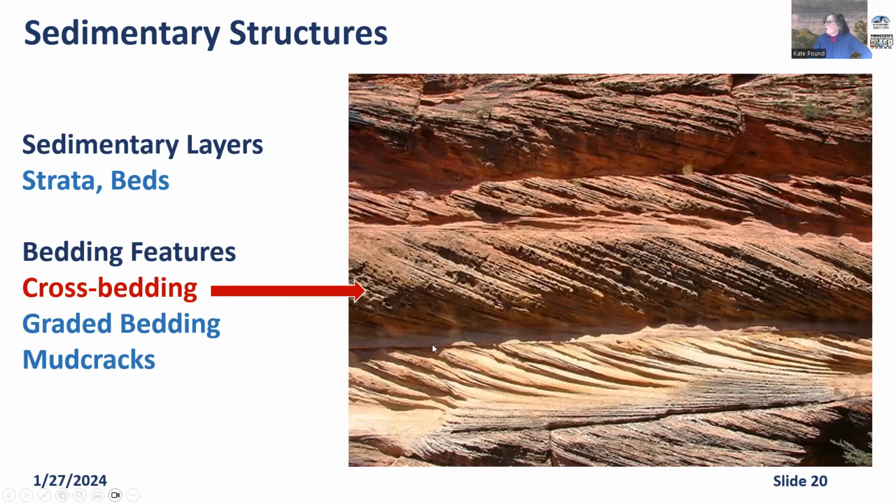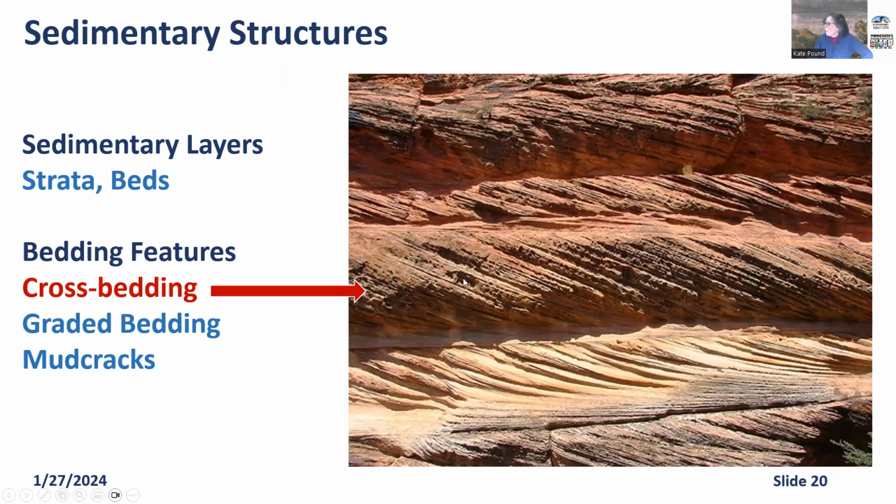Cross-bedding. So here our main bed boundaries are where my cursor is moving parallel to that red arrow. But within this one bed, you can see that the layers are angled down towards the right.